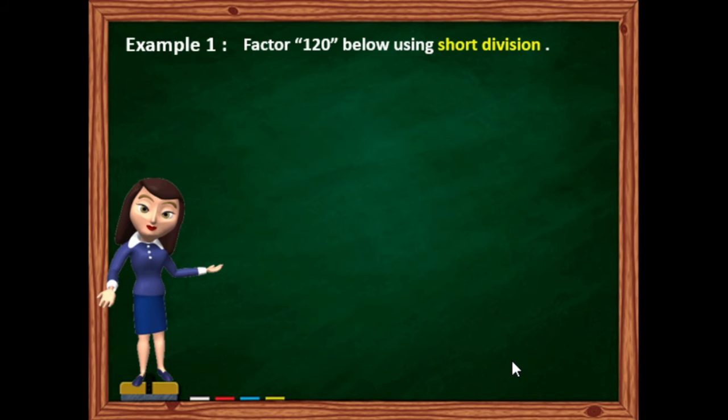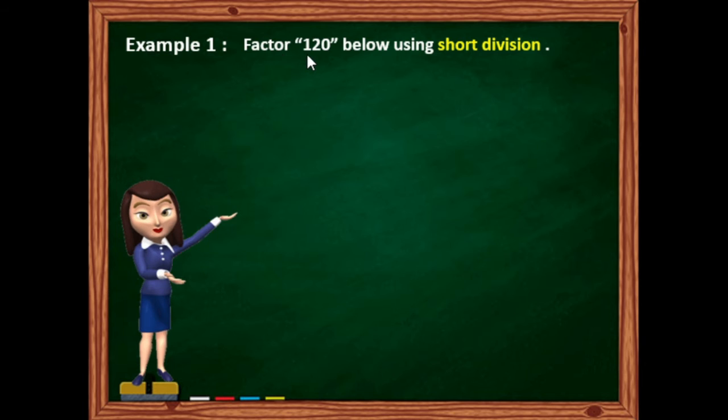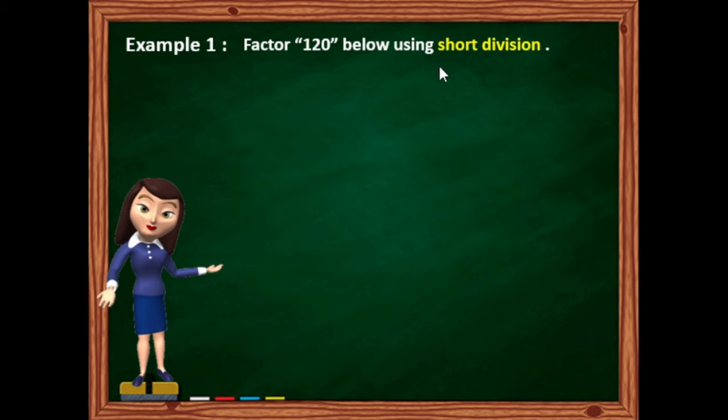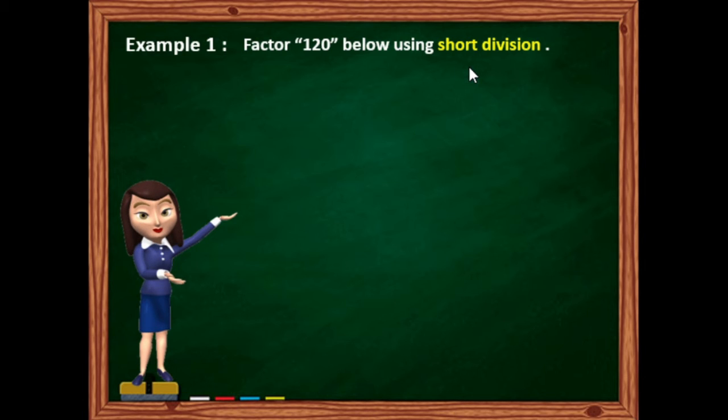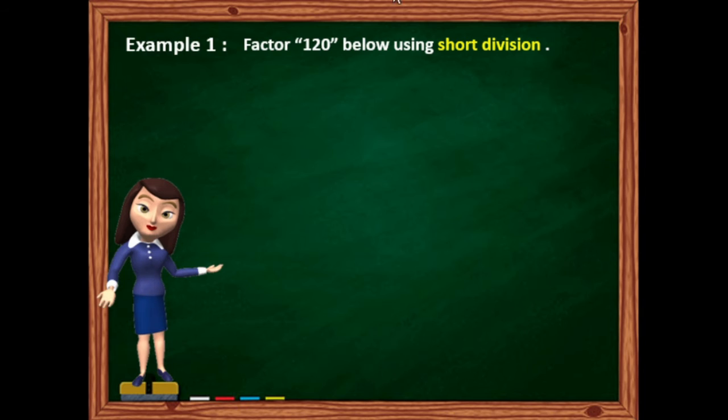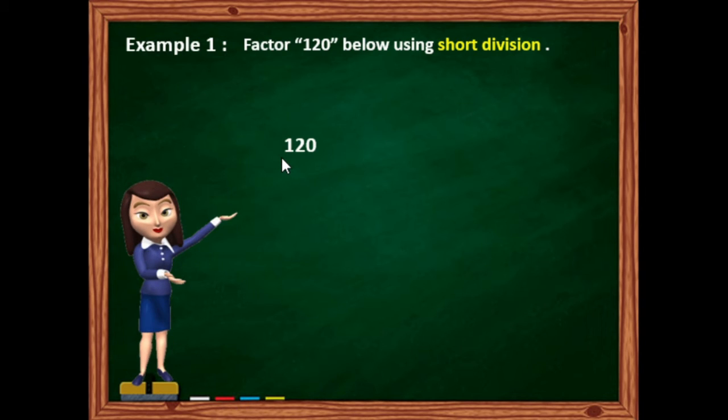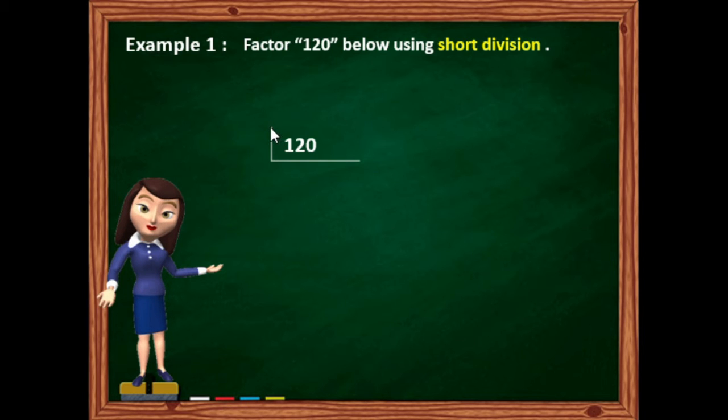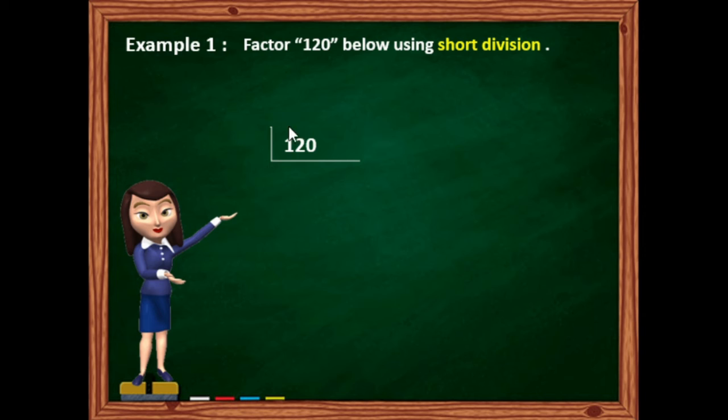This time, let's factor 120 below using short division. Alright? Let's use short division. Let's have 120. Instead of the line on top, we do it this way.